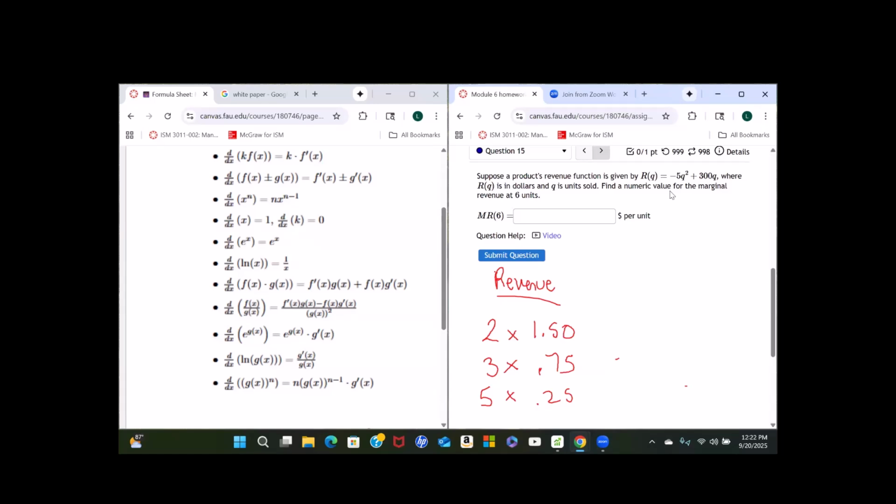Yep. Now, the cost. Well, I bought 2, and I paid $1.50 each, but it cost me $1 each. My cost was 2 times $1. And then here it's 3 times, let's say it cost me 50 cents for that.